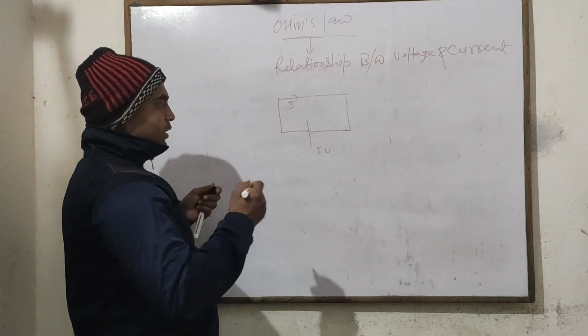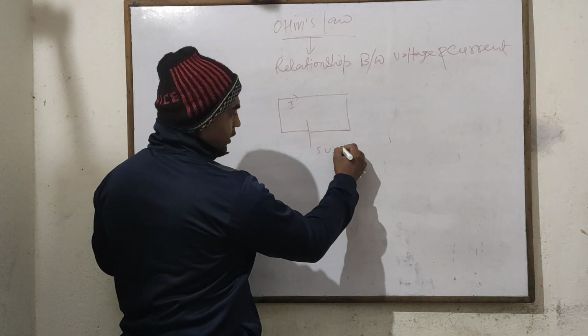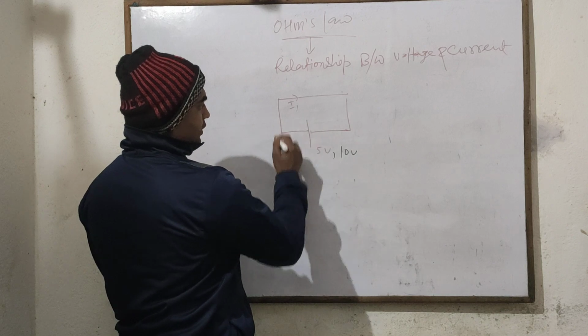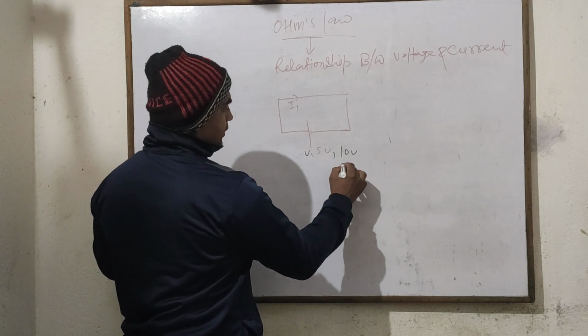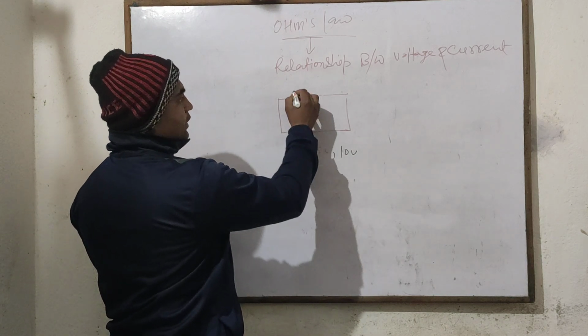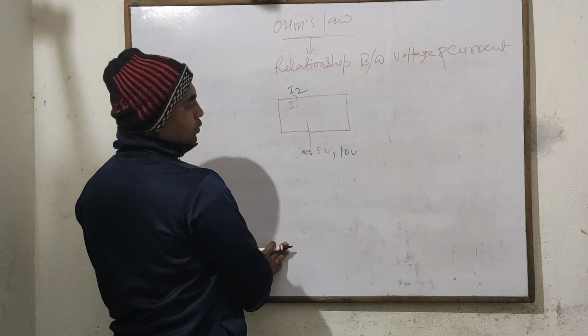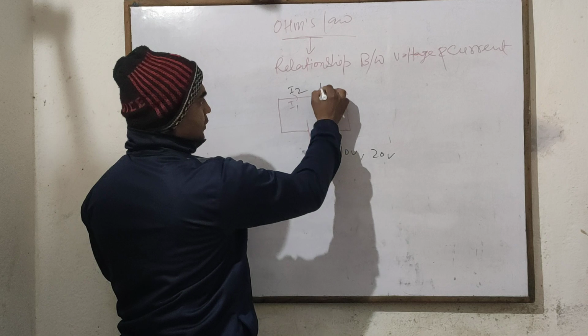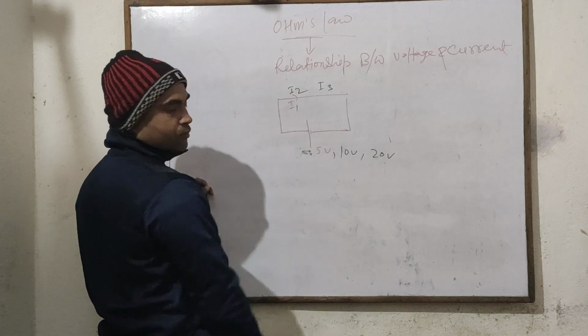Now, what did he do? He increased the voltage to 10 volt. He found that the current had increased again, to I2. Again the voltage was increased, and the current increased to I3.